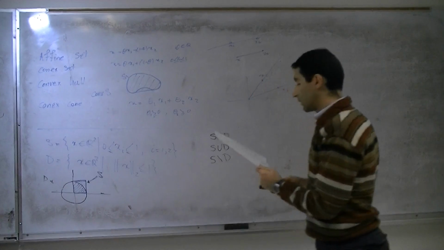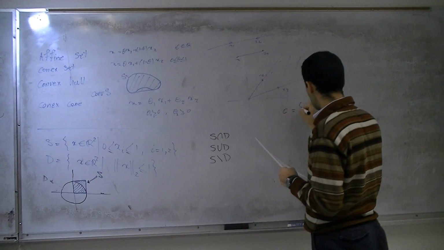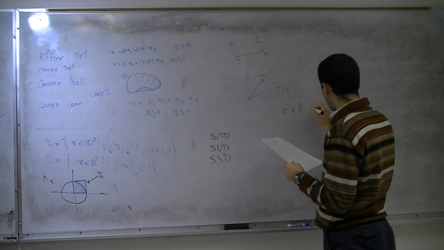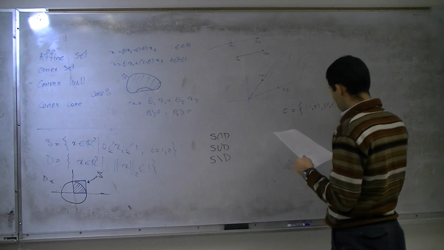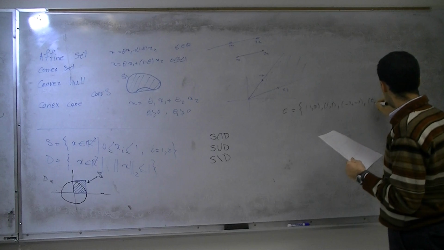Next question is, we have a set C, which is equal to the points (1, 0), (1, 1), (minus 1, minus 1), and (0, 0).